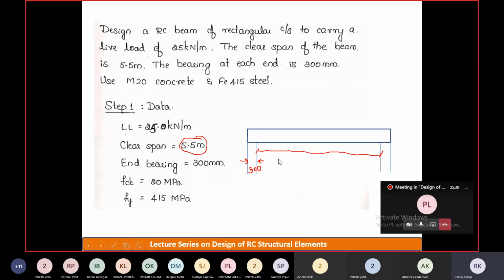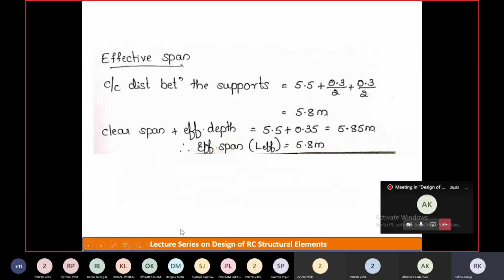Here, center to center distance between the supports. There is one support of 300 mm width and one more support of 300 mm width. So the center to center distance is 300 mm divided by 2 plus 300 mm divided by 2 plus clear span. This will give me the center to center distance between the supports.